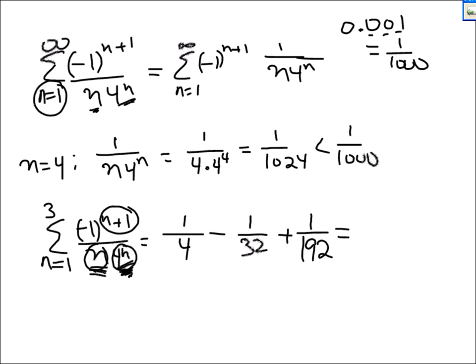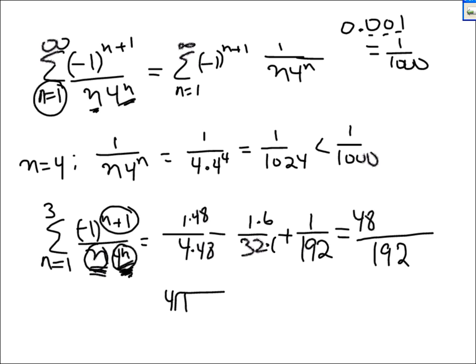Can you add up these numbers? That is, you get a common denominator, which in this case will be 192. 4 goes into 192 48 times. So I multiply the top and the bottom by 48. 1 times 48 is 48, and get 48 over 192.